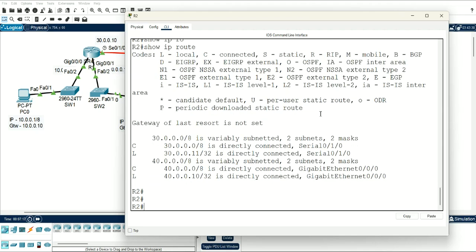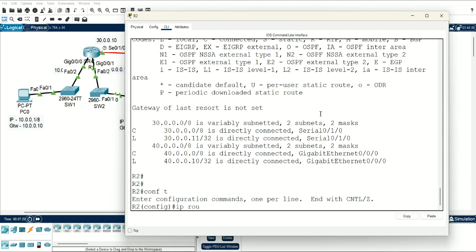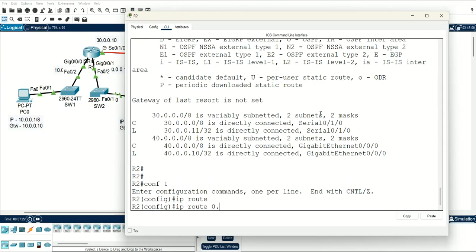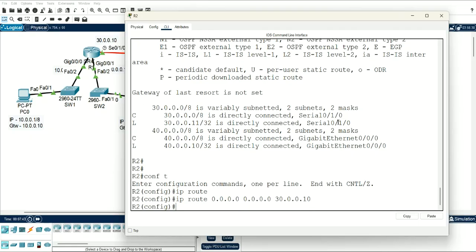You can simply say ip route any network. This is the meaning, any. 0.0.0.0 means what? Any. It can be 10, it can be 20, or any network that this router does not know. Any subnet mask it can be, send it to 30.0.0.10. You understood?